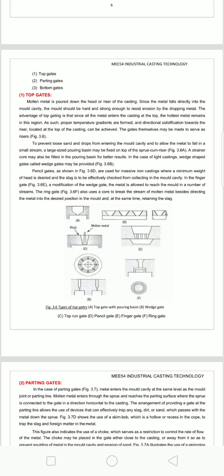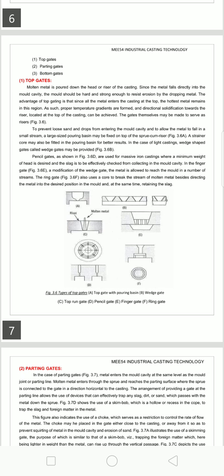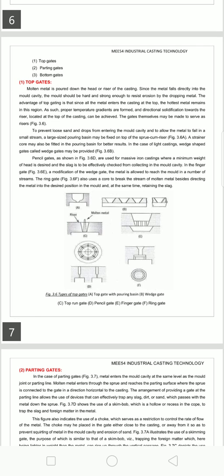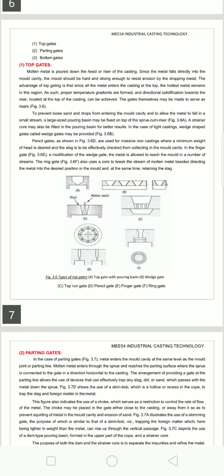To prevent loose sand and drops from entering the mold cavity and to allow the metal to fall in a small stream, a large sized pouring basin may be fixed on the top of the sprue cum riser. A strainer core may also be fitted in the pouring basin for better results.